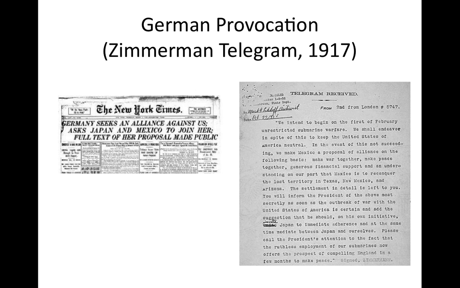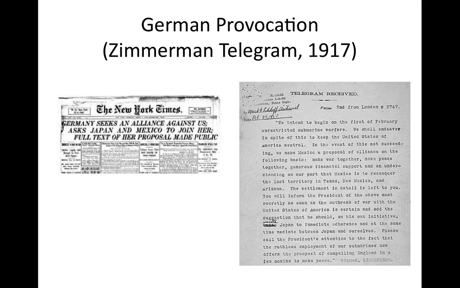Well, there's another one. Some point to Germans provoking the U.S. in a different way. In 1917, Germany secretly sent a telegram to Mexico and said to the Mexican government in this telegram that if Germany were to get into a war with the United States, Mexico was asked to join on the side of Germany, to become an ally of Germany, and attack the United States from the south.